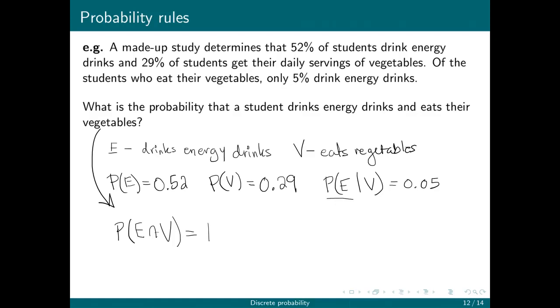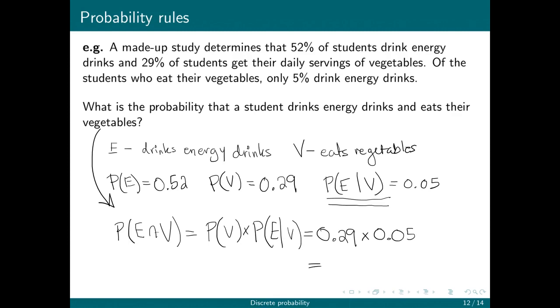Because the one I know has V as a given event, I'm going to do P of V times P of E given V. So that's going to be 0.29. 29% of my students eat their vegetables times 5% of those students drink energy drinks. So the probability that somebody does both is 0.0145.